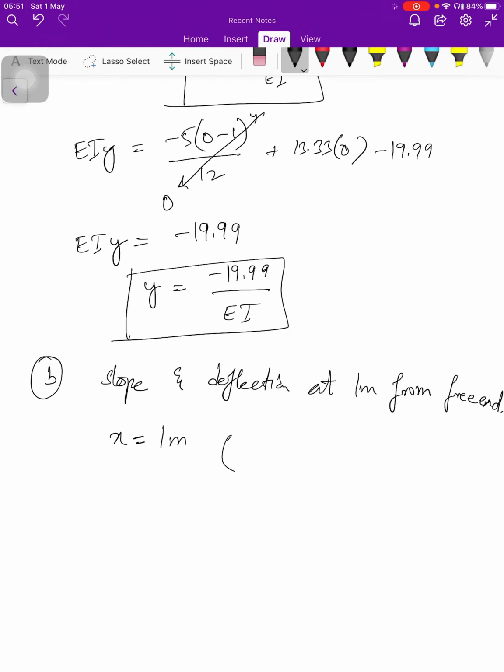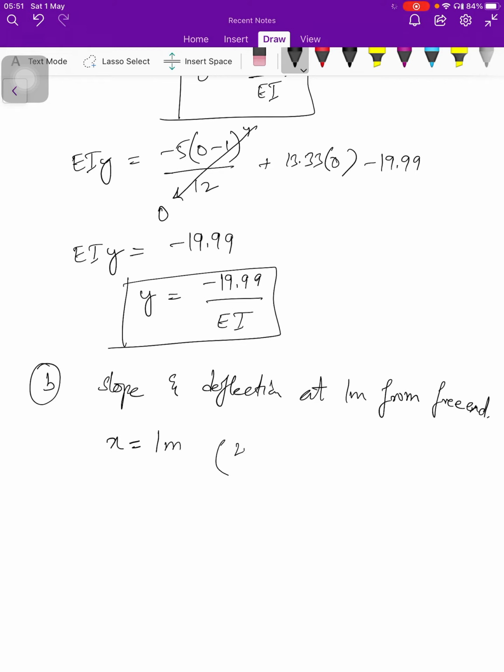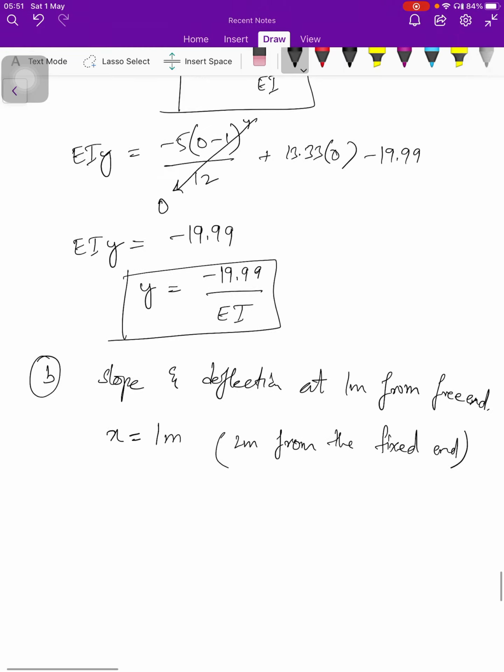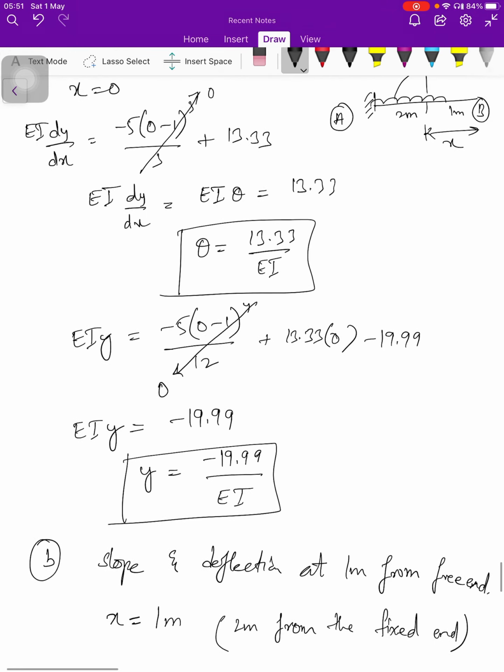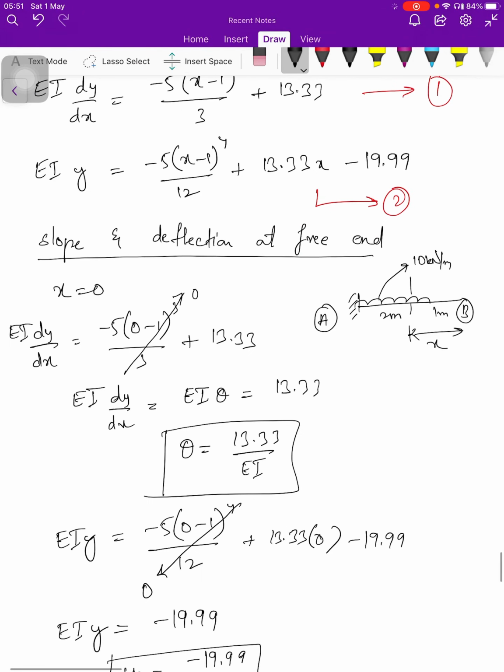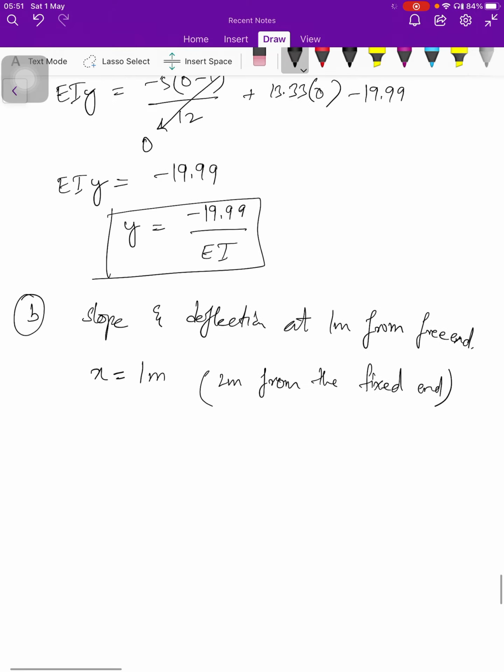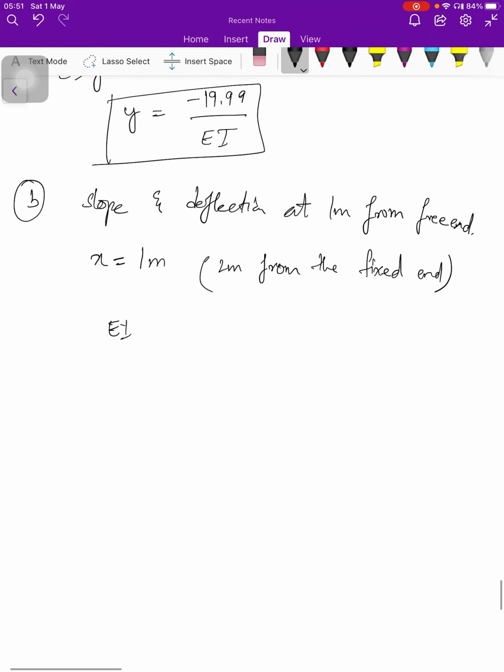This is nothing but 2 meters from the fixed end. Also 2 meters from the fixed end or 1 meter from the free end, both mean the same. Now substitute 1 in equations 1 and 2. So EI dy by dx is equal to minus 5 into (1 minus 1) whole cube by 3 plus 13.33.